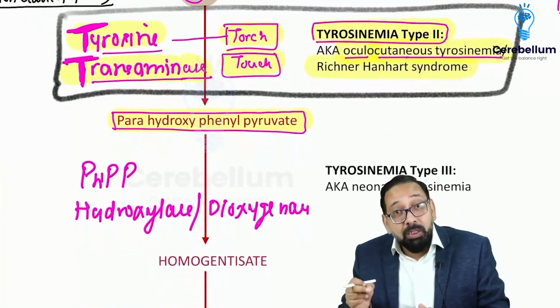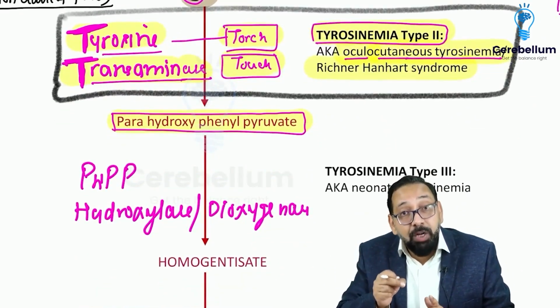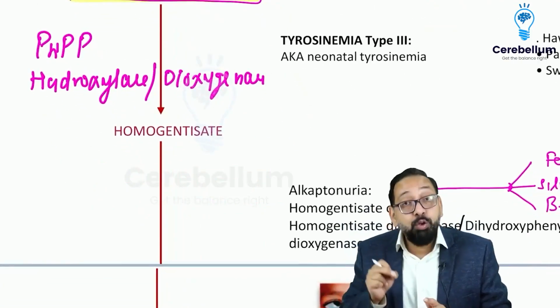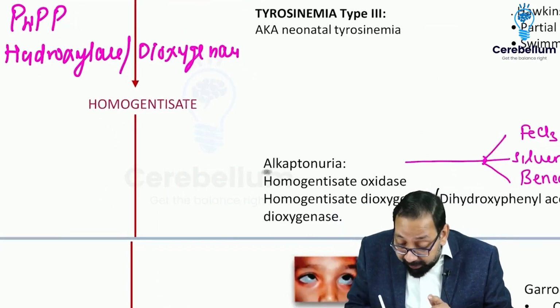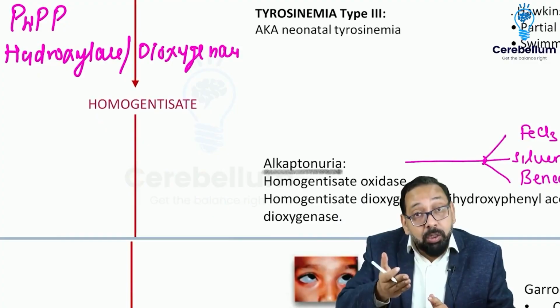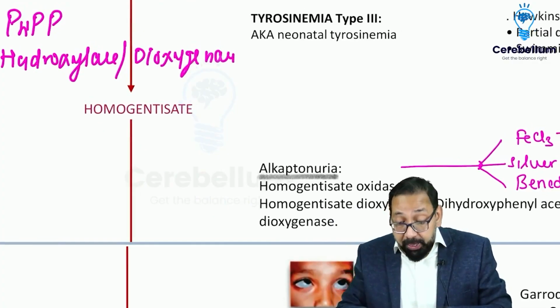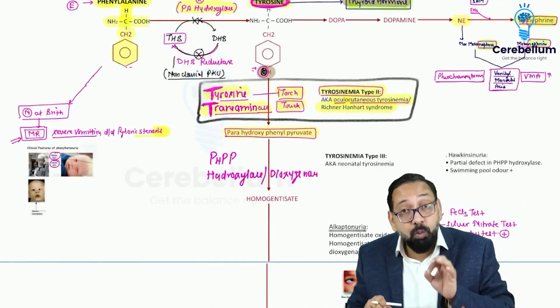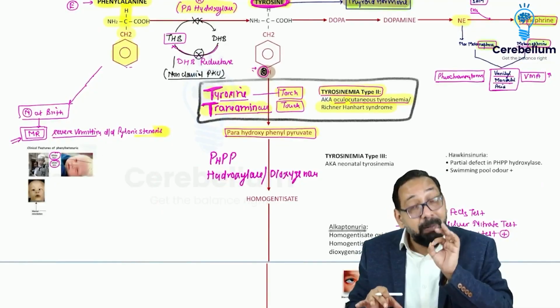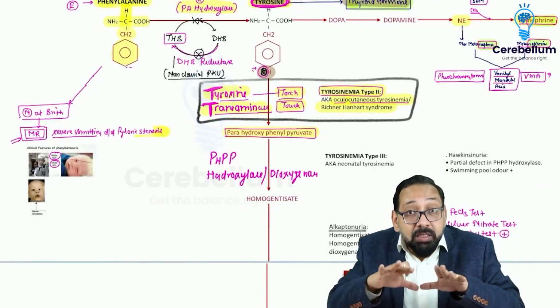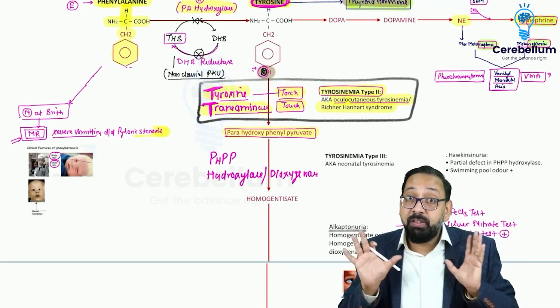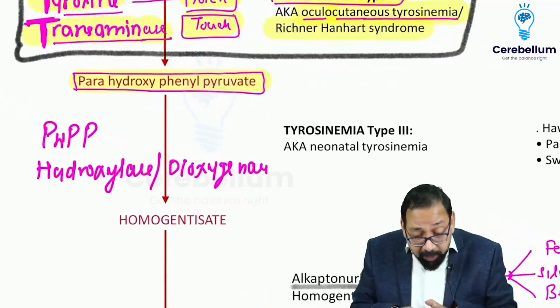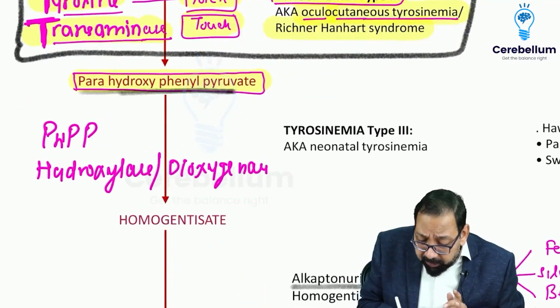Tyrosinemia type 1 is due to defect in the metabolism of tyrosine. Alkaptonuria is due to defect in the metabolism of tyrosine. So this sequence is important. That congested diagram I have made purposefully. I know it becomes difficult to revise, but trust me, when questions are asked in an integrated way, you can solve them easily.